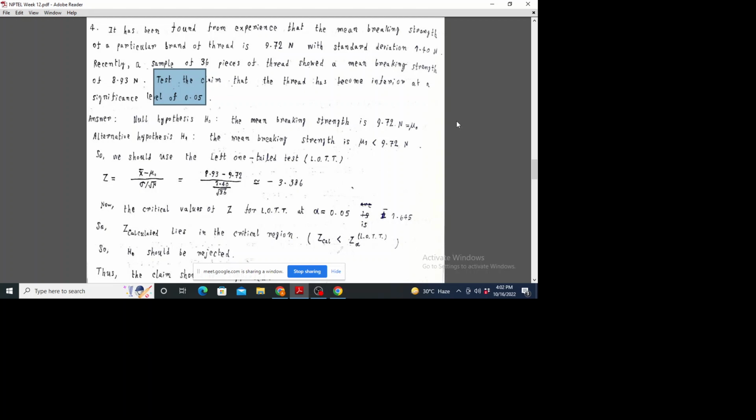Significance level of means what? Significance level of 0.02? So, okay, are you familiar with the theory? The last lectures, the hypothesis testing. No, sir. Well, then it's a problem.